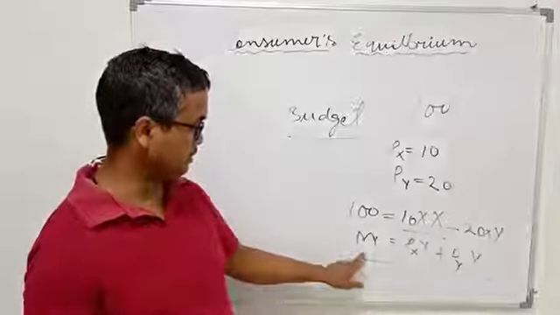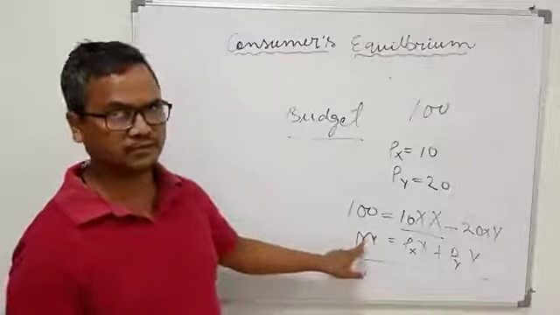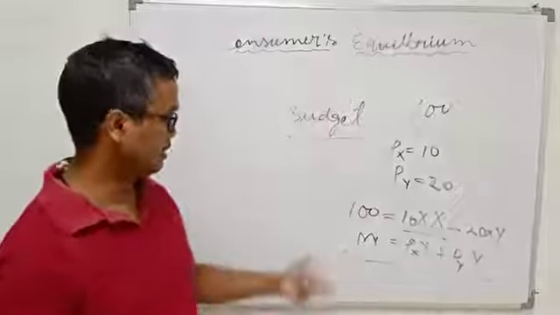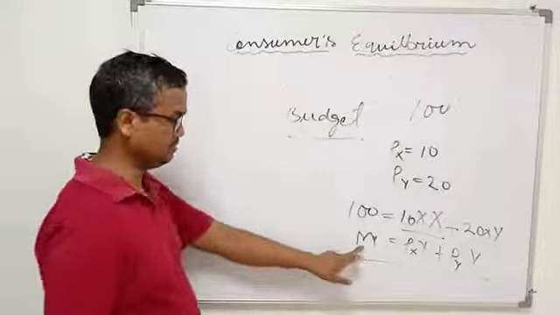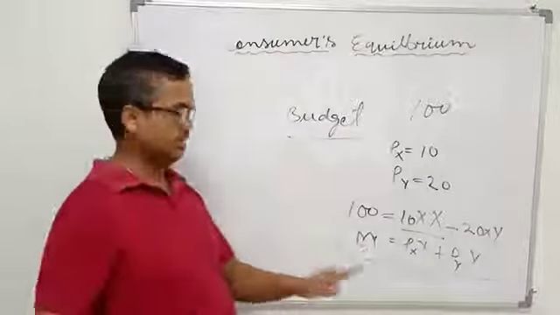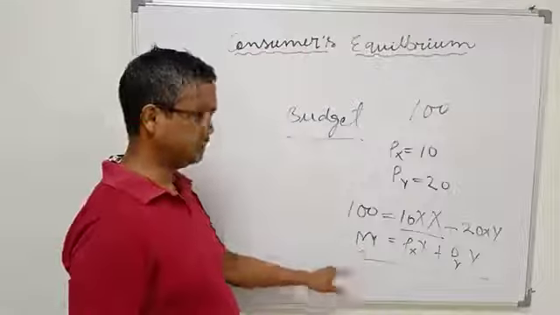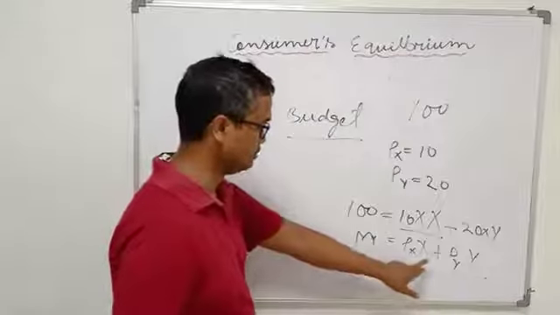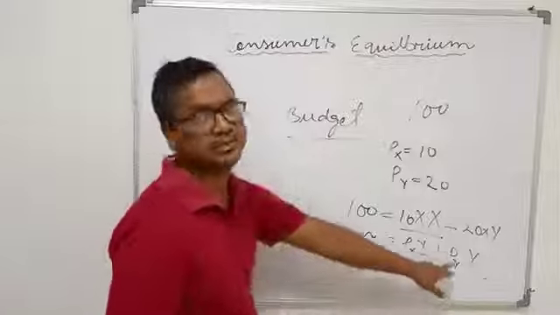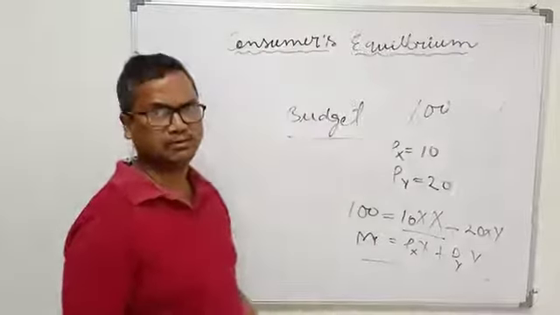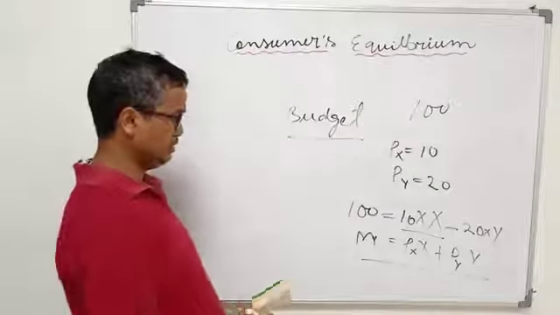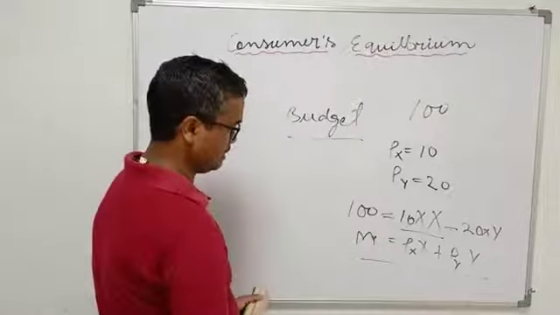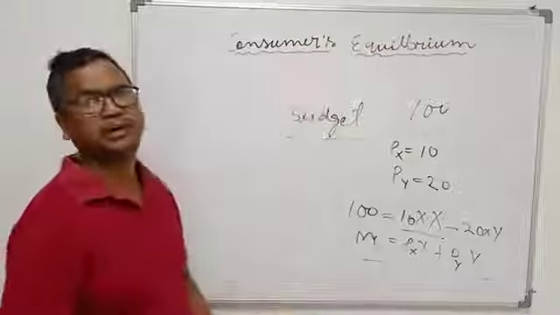In notation form it is called M, or in some books I. Whatever, these are just notations. This is the given income level: M is the amount given. You have to allocate this money while purchasing two goods, X and Y, given the prices of both commodities. This is called the equation of your budget.